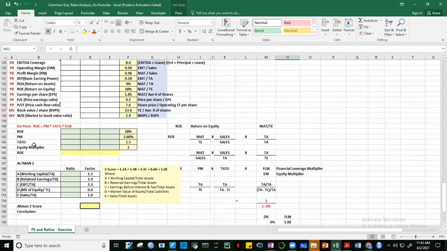Okay, Dupont analysis. Three-way analysis, kasi ang Dupont, guys, ito yung mga sinaunang measures, kasi ang pinaka-focus dito yung ROE. Sabi natin, di ba, si ROE, mas magandang measure yung ROIC, no? But still, it's still being used today, return on equity, and it's broken down into three, no? Profit margin, total asset turnover, and financial leverage multiplier.